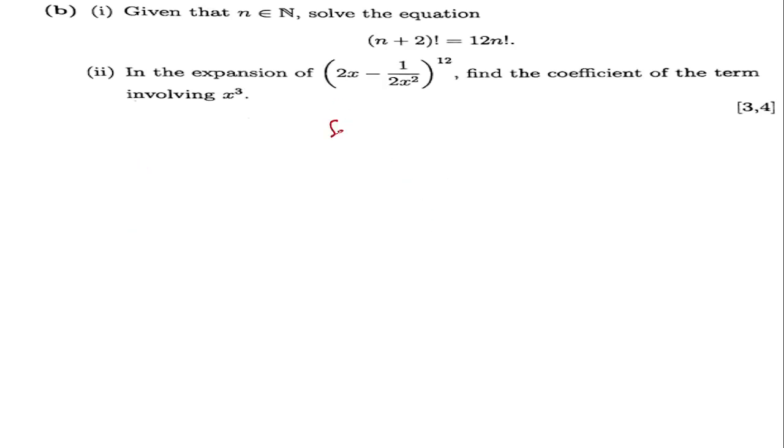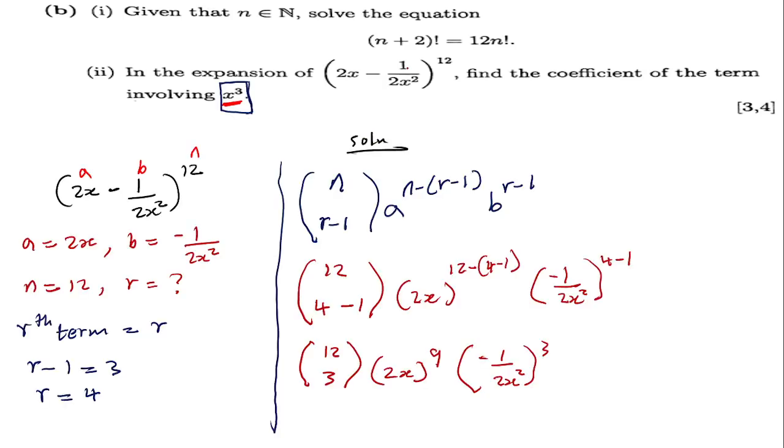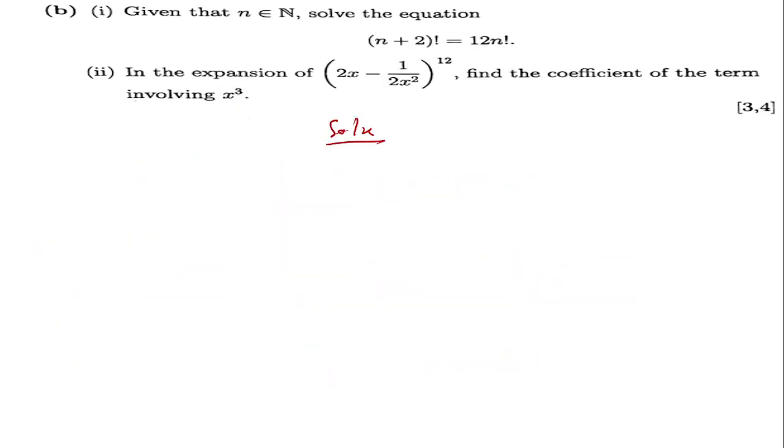So I'll move on. I'm going to rewrite my same thing which I wrote here. So I'm going to say 12 combination 3, and then a, which is 2x to the power 9, and then b, which is negative 1 over 2x squared to the power 3.